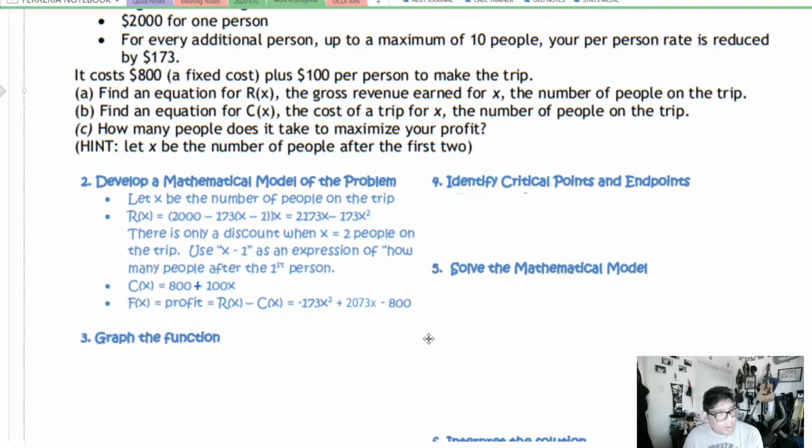That makes our function for profit, which would be the r function minus the c function. That's going to be negative 173x squared plus 2,073x minus 800. Again, that's just r minus c.